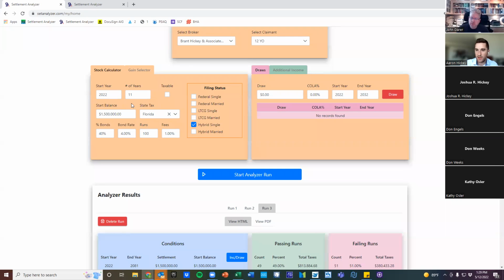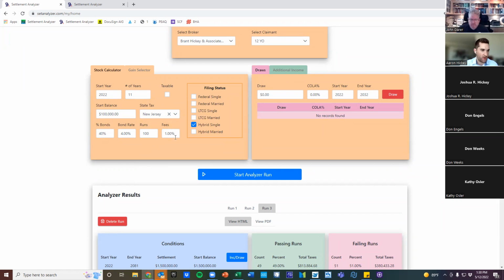And then we're going to start with a balance of $100,000. And I just said randomly earlier today, this person's going to be in New Jersey. In this scenario, we'll keep our bond percentage and our bond rate the same for sake of argument.